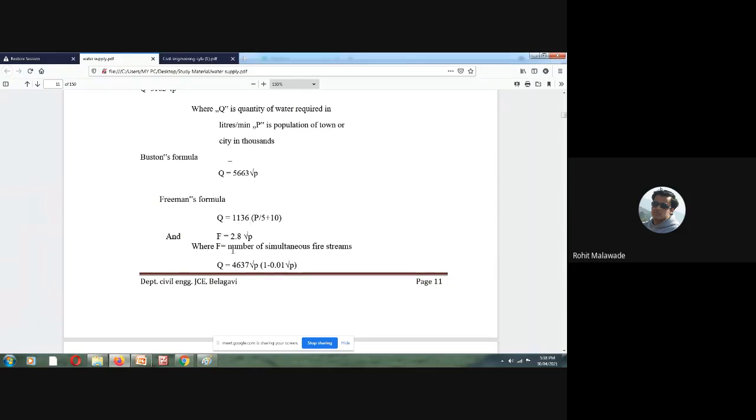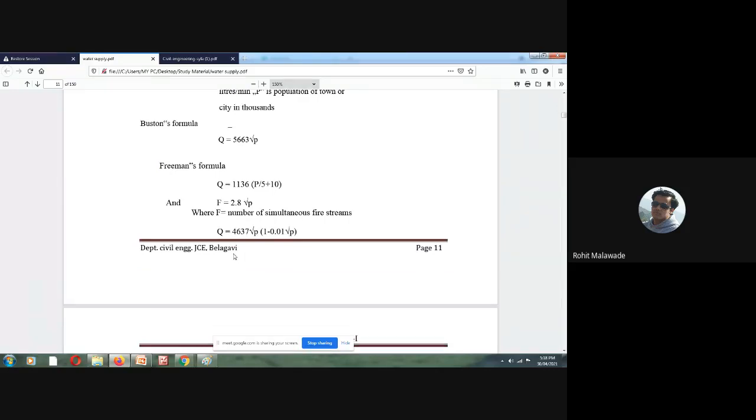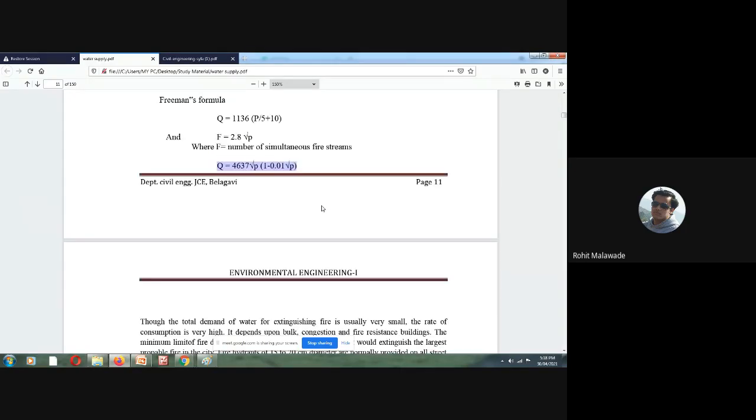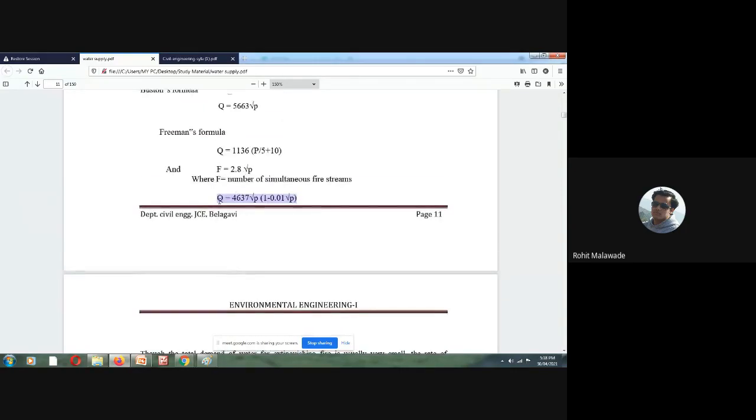Now, there is one more formula. This particular formula we call the National Board of Fire Underwriters formula, which is not written in these notes; by mistake it has been missed out.